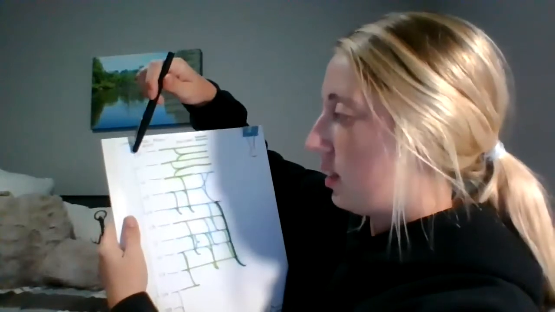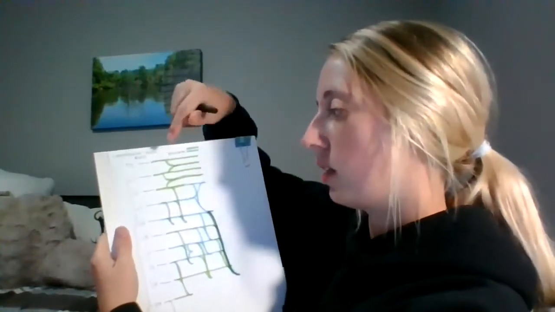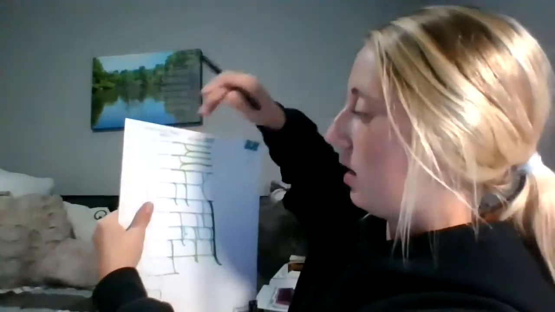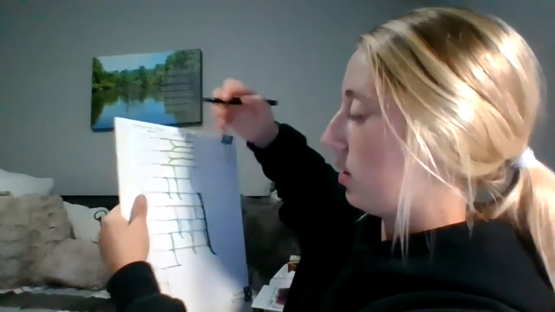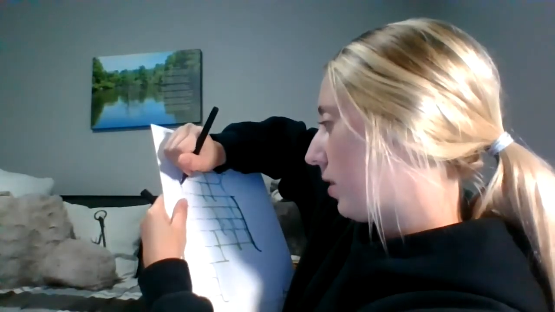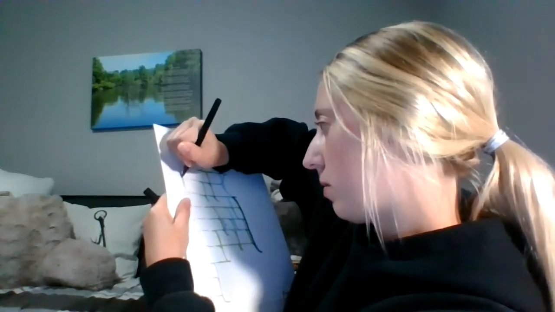So T12 isn't technically part of the lumbar plexus, but it does feed into L1, so that's why we're including that. L1 to L4, the lumbar vertebrae, those are part of the lumbar plexus.